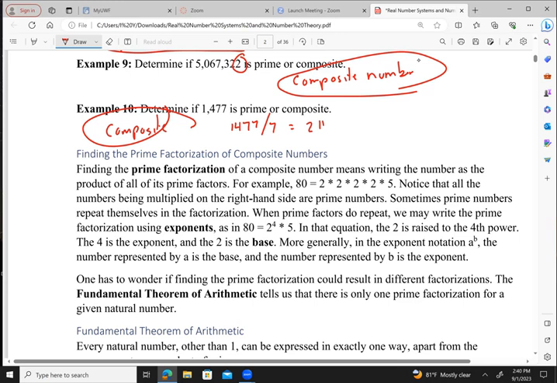Notice that all numbers being multiplied on the right-hand side are prime numbers.